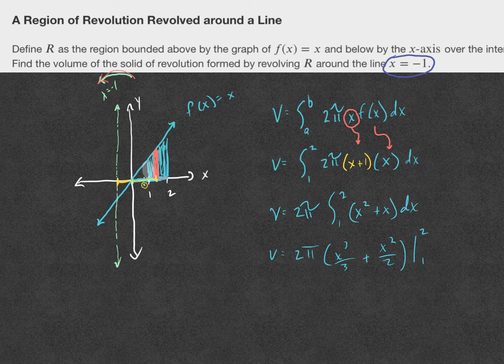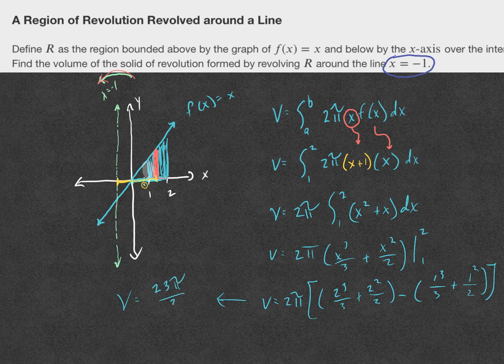Bounds are from 1 to 2. 2 pi times the top bound, 2 cubed over 3 plus 2 squared over 2 minus the bottom bound, 1 cubed over 3 plus 1 squared over 2. When all's said and done, punch the arithmetic into your calculator, and the volume is 23 pi over 3.